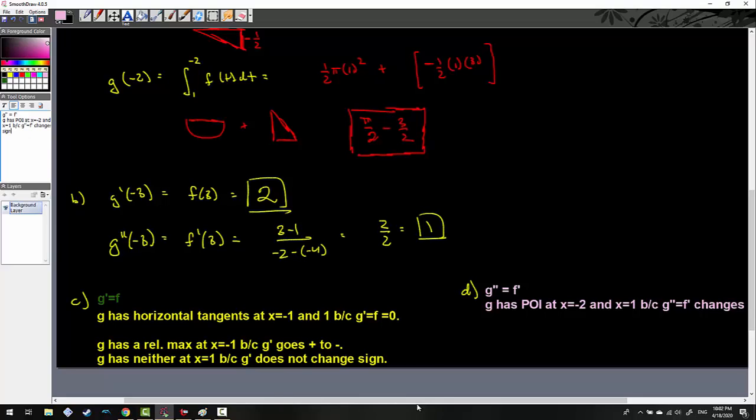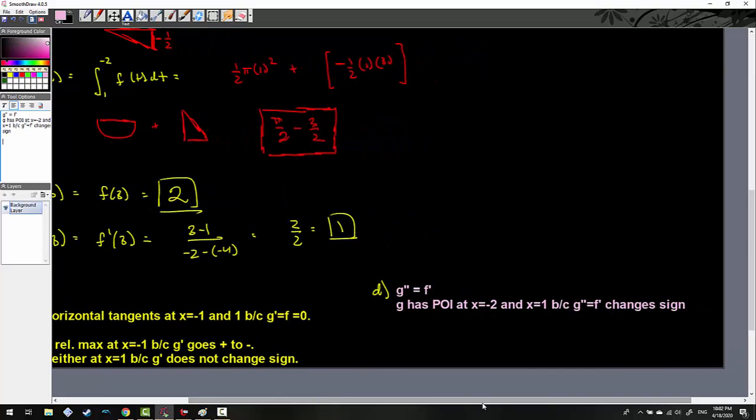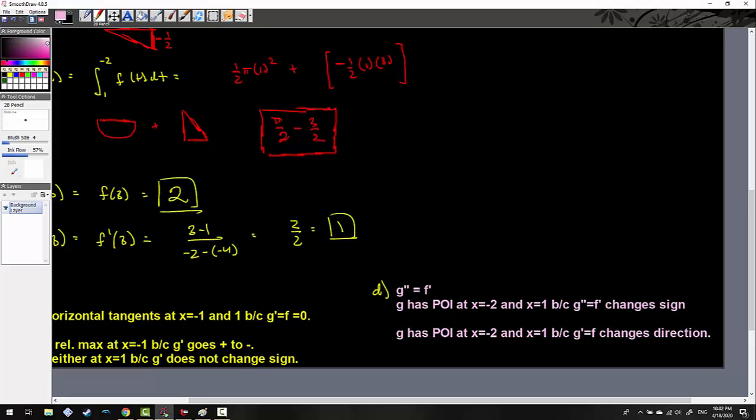Now, another justification, I really think that this might be the better one. You might want to say that g has points of inflection at x equals negative 2 and x equals 1, because g prime equals f changes direction. Either one of those would be fine. I'm more partial to the changing direction.